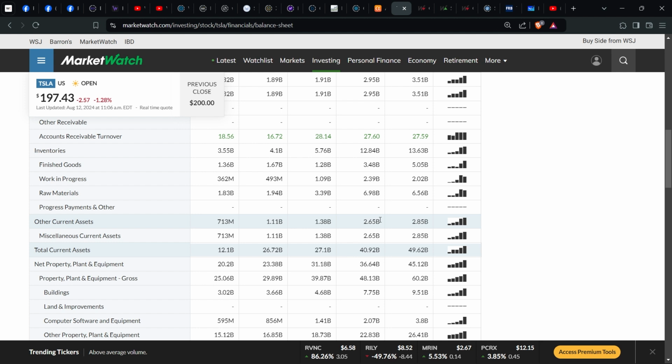Sometimes there is nothing. If you go to the actual annual reports, you will see in the notes section, it's usually explained there what these other current assets are because they're specific to a company. Okay, and for a company like Tesla, in this case, you can see some of these other current assets.